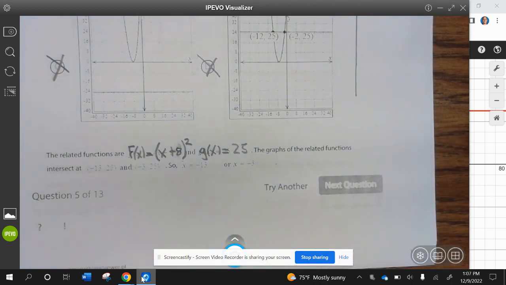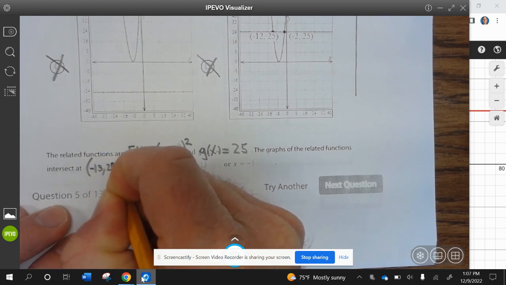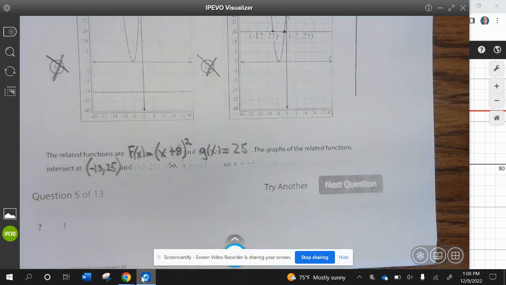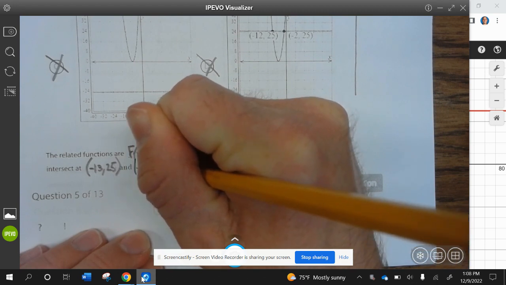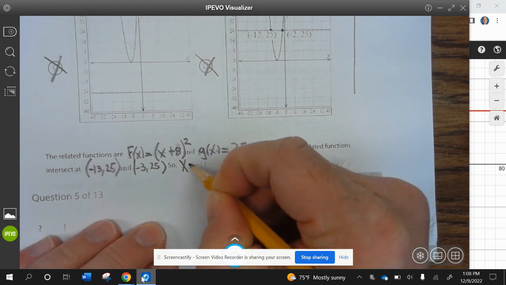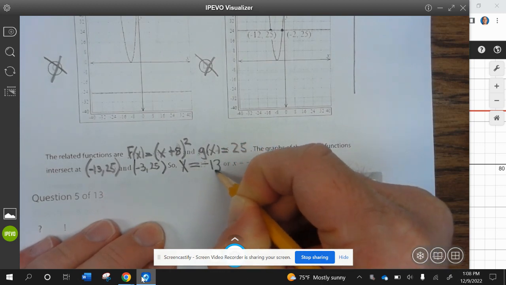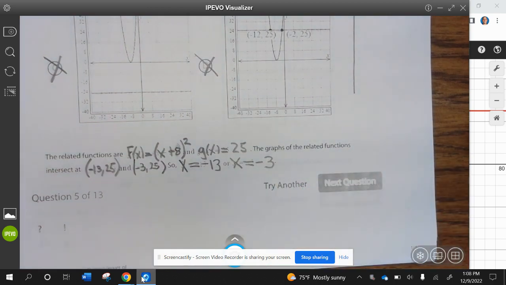The graphs of the related functions intersect at (-13, 25) and (-3, 25). So x equals -13 and x equals -3.